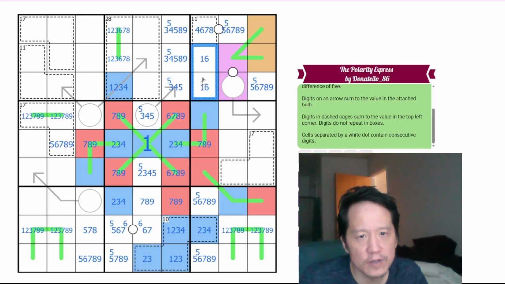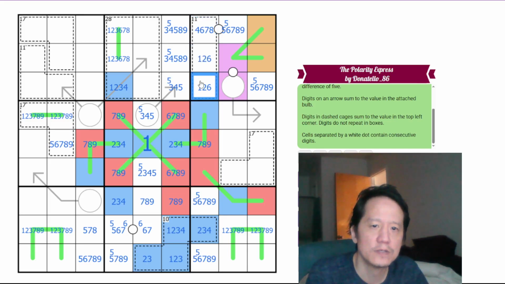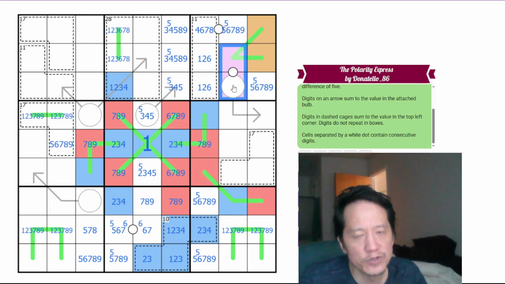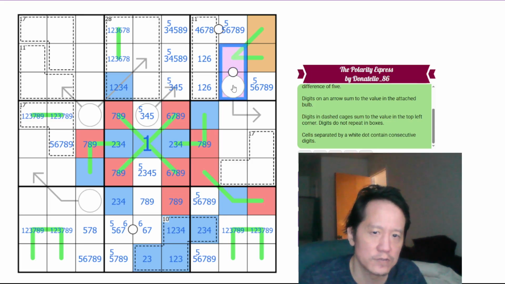If this is the case, okay, so 1, 4, and it could be 1, 2, 8. So then this could be 3 and 4 if that's the case. 1, 2, 8.